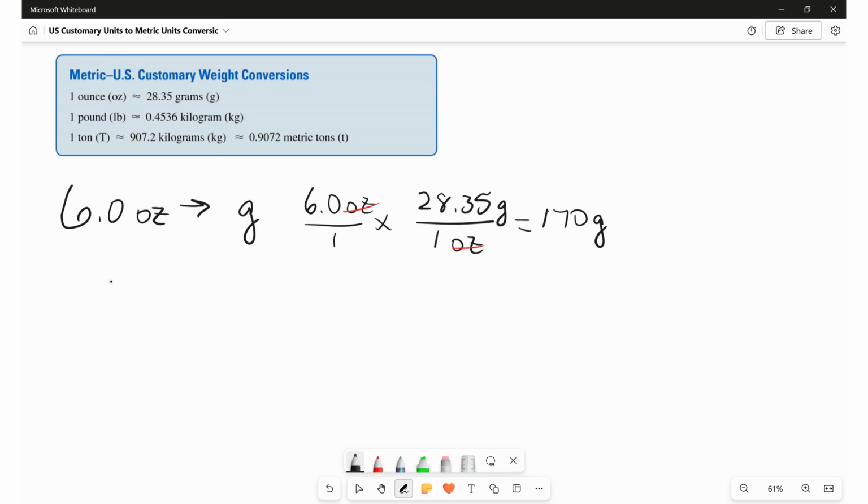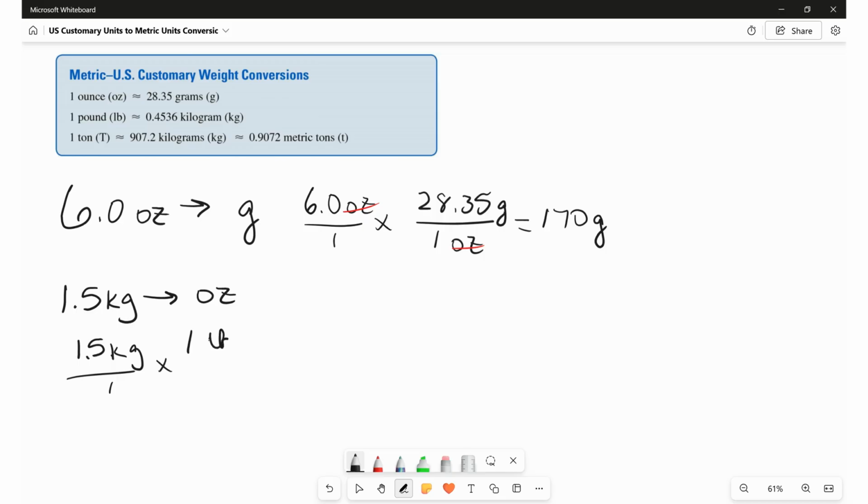Let's look at one that's going to have a couple of conversions. What if we want to convert 1.5 kilograms to ounces? We start out with 1.5 kilograms, and the only thing that we have right now is to convert that into pounds.